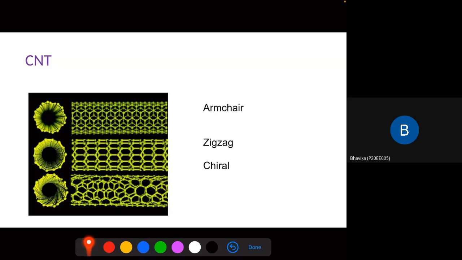When you are doing this discharge technique, you can get many kinds of mixtures. You can have some single wall, some multi-wall, double wall, triple wall. All mixtures can be there, which is not so easy to separate. But in the beginning, because it was quite cheap and easy to synthesize, people used to do that.